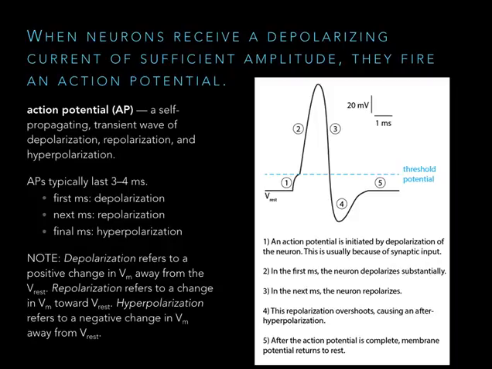So you can remember what goes on in an action potential if you break it down into just about 1 millisecond at a time. In the first millisecond or so, that's where we have our strong depolarization. So there's that increase in sodium conductance. In the next millisecond, we have our repolarization.